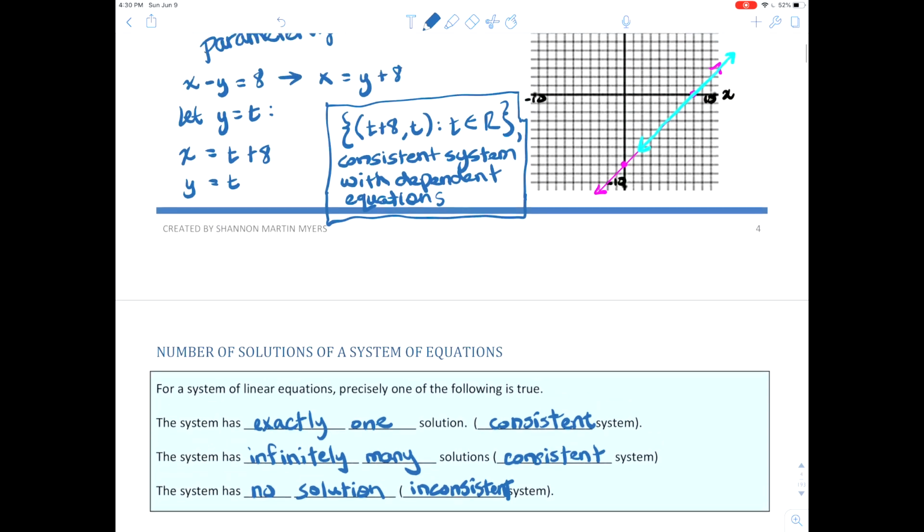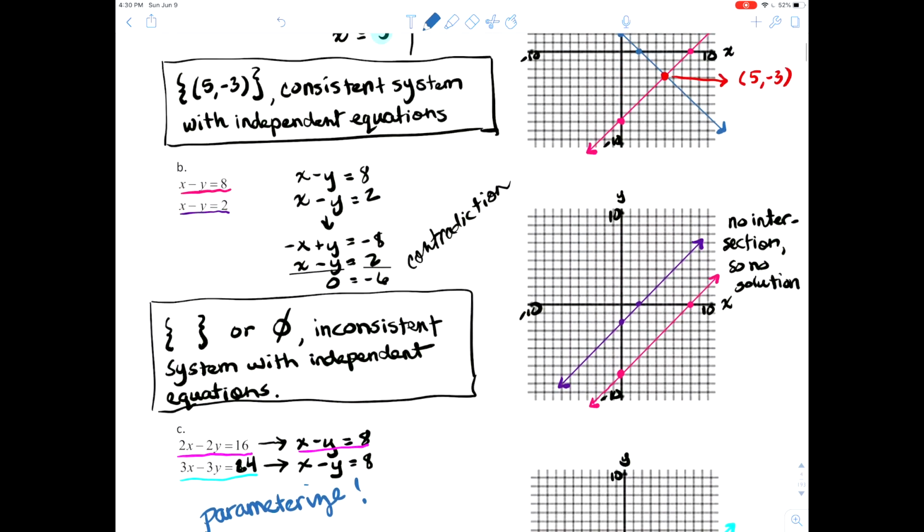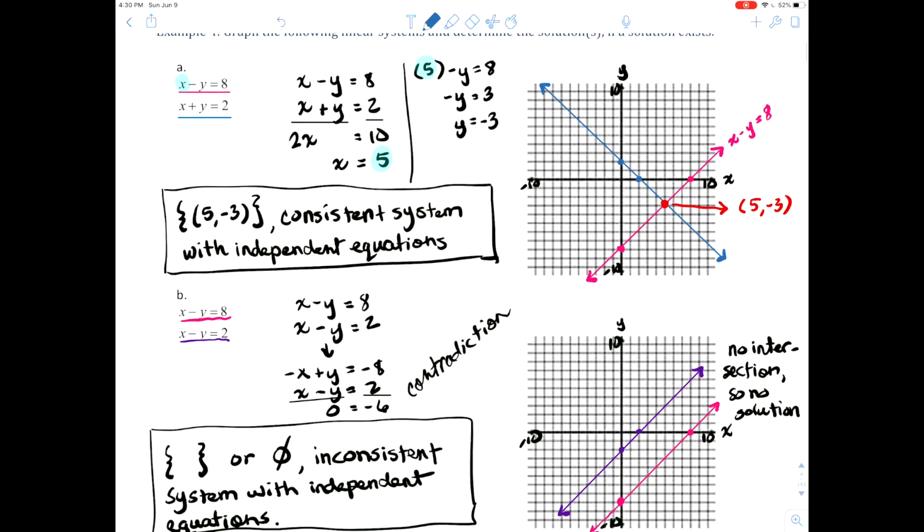So I can show you what that looks like. I mean, we just did what that looks like in R2, right, which is 2 dimensions. So this first one has exactly one solution. And remember, we said it was consistent.